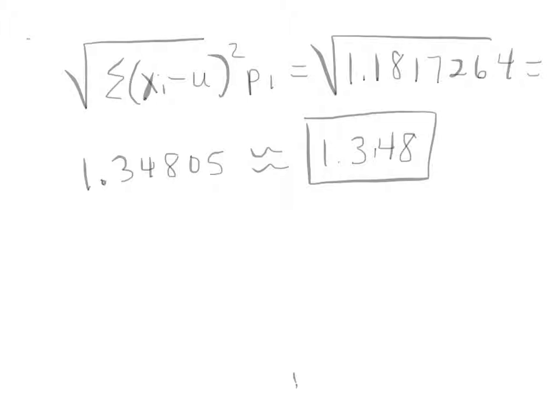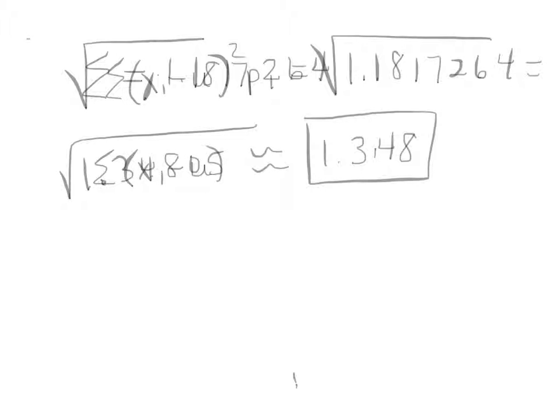The next thing we're going to do to find the standard deviation is, after we have summed that last column, and remember our sum was approximately 1.1817264, we need to take the square root of this sum, and that will be what we get for our standard deviation.